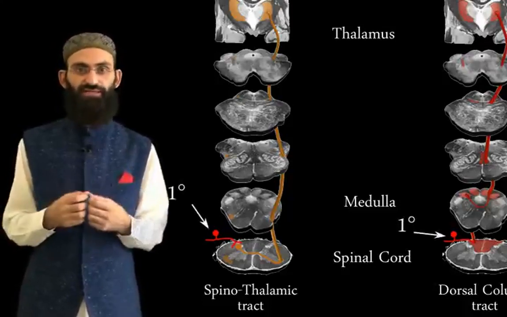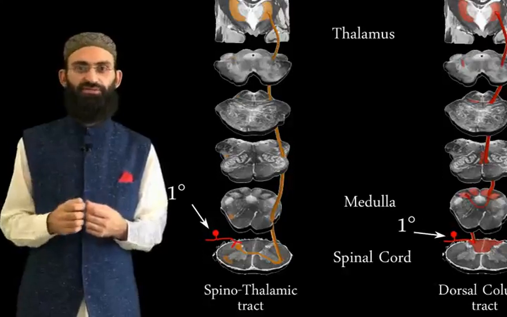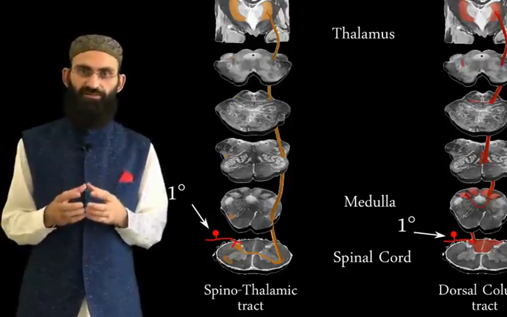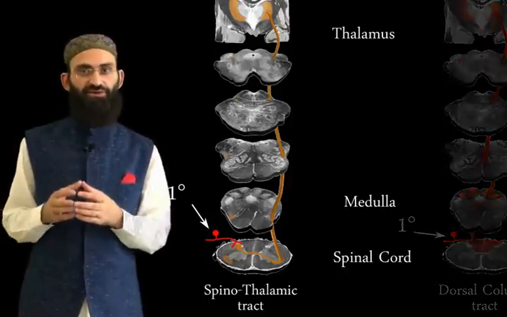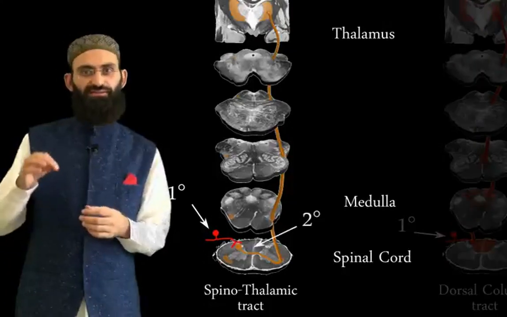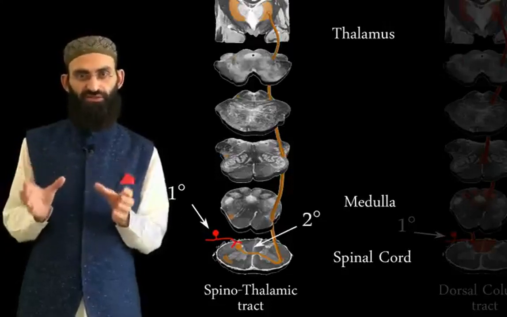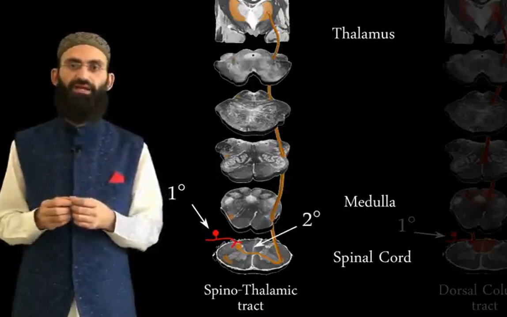The second rule is that second order neurons always cross the midline. So for the spinothalamic tract, these second order neurons are located right in the spinal cord in the dorsal horn of the gray matter.